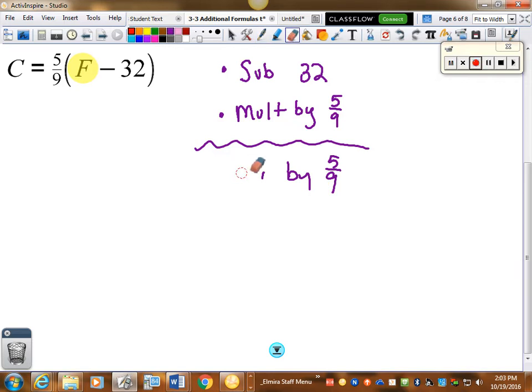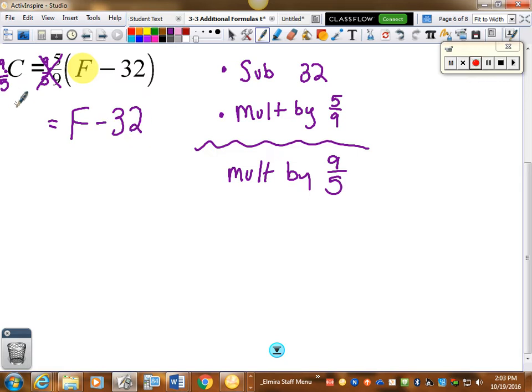So we're not going to make the opposite thing be the operation. We're going to keep the operation the same. What we're going to make opposite is the fraction. Remember that if you multiply by a reciprocal, in other words, the fraction flipped upside down, that's what cancels the fraction. Okay, so I'm going to multiply by 9/5 on both sides. So that's what cancels this fraction on the right-hand side, and I bring f minus 32 down.